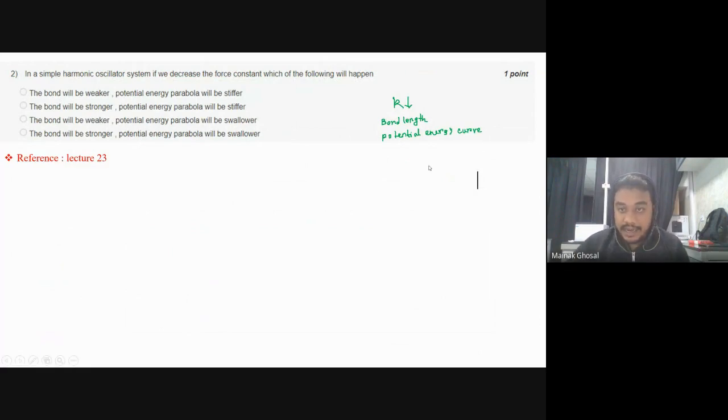So you are saying that the bond will be weaker and the potential energy curve will be shallower, right? Yes. The bond will be weaker and the potential energy parabola will be shallower. Any other answer?